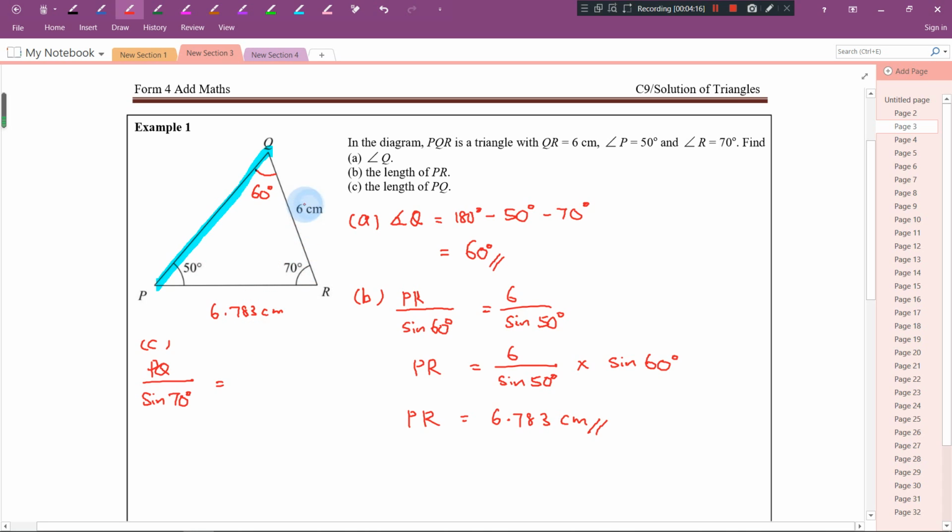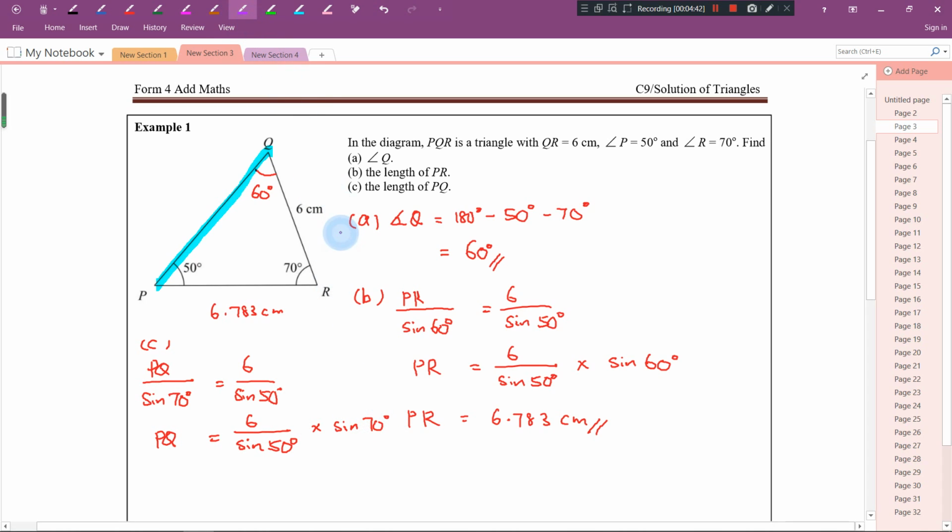So this is the side length on the top, right? So for this side, I have to put the side length on the top first also. 6 centimeters divided by sine 50. So PQ will be equal to 6 divided by sine 50 degrees times sine 70 degrees.